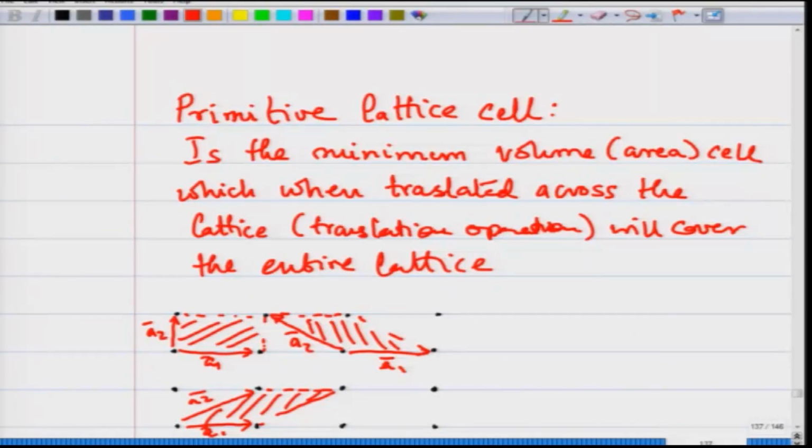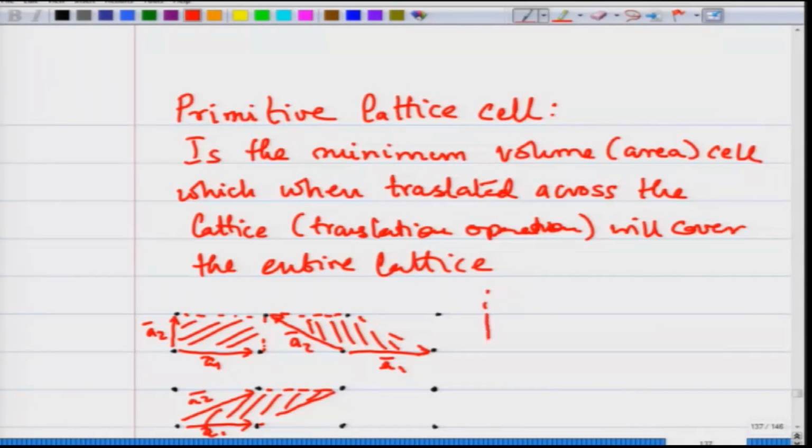The choice is by no means unique. So, given a geometric collection of points, you can also define a primitive lattice cell, and it is important to do so. It gives you the minimum volume which is associated with this lattice.